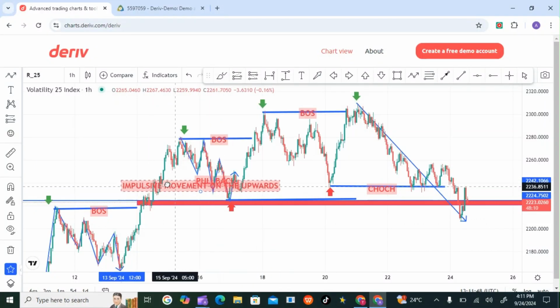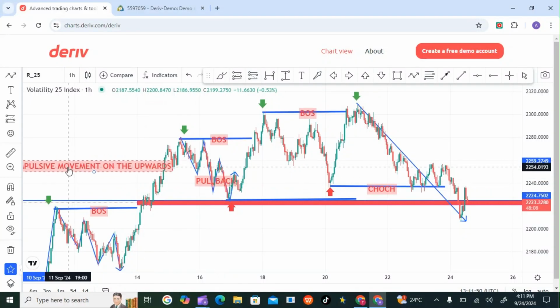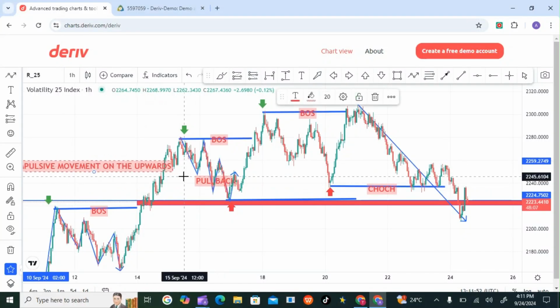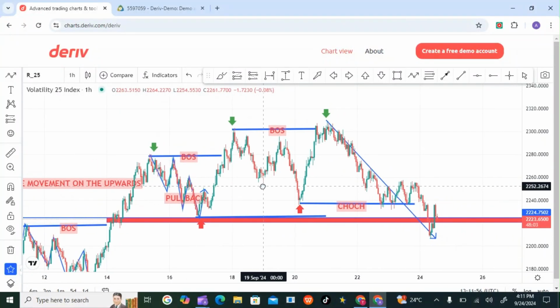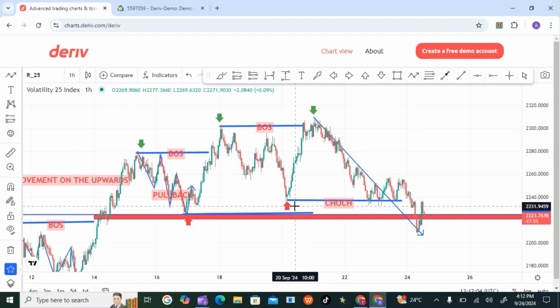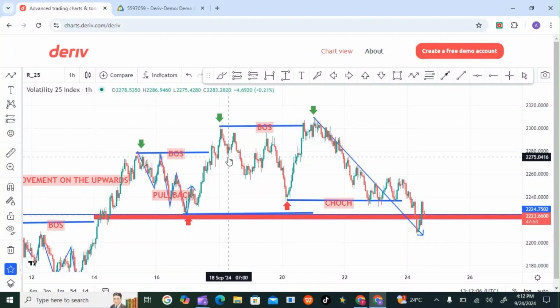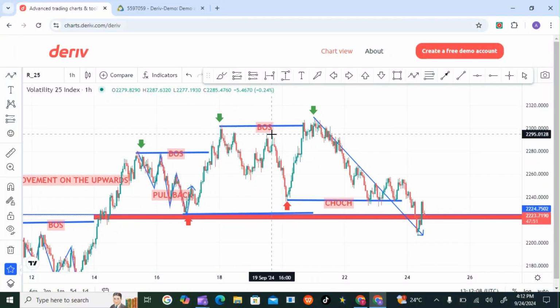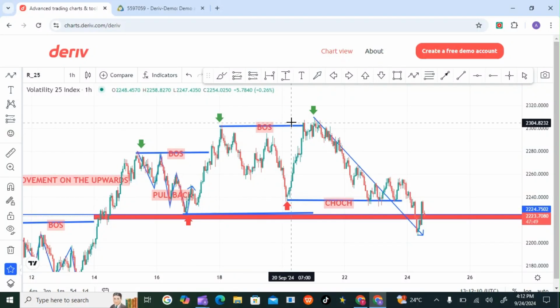I hope you understand what I'm trying to explain, how the market moves. You can see how the structure of the market normally moves. Then it came up again, created that higher high, then higher high, lower low, higher high, lower low, higher high, lower low, then went up.